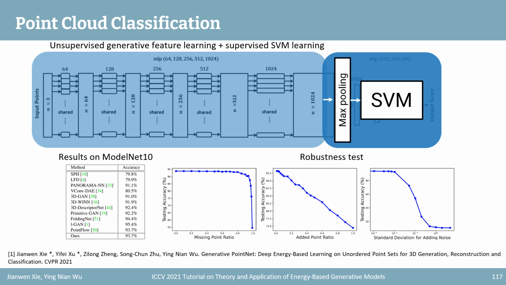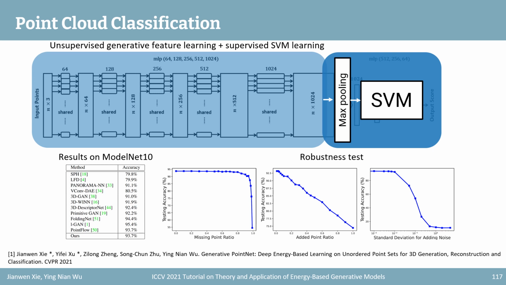Such a point cloud feature extractor is also input permutation invariant. An SVM classifier can be trained from labeled data based on the extracted features for classification. The table shows the classification accuracy using the one versus all rule.